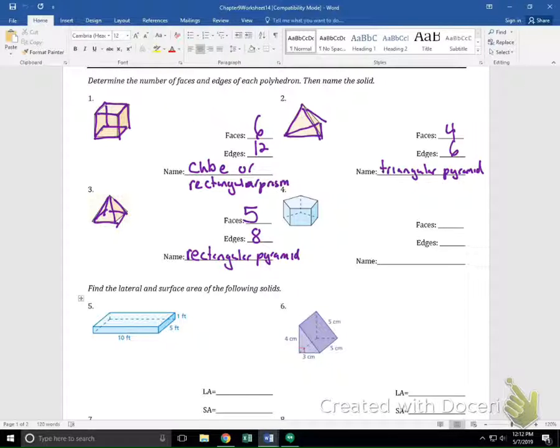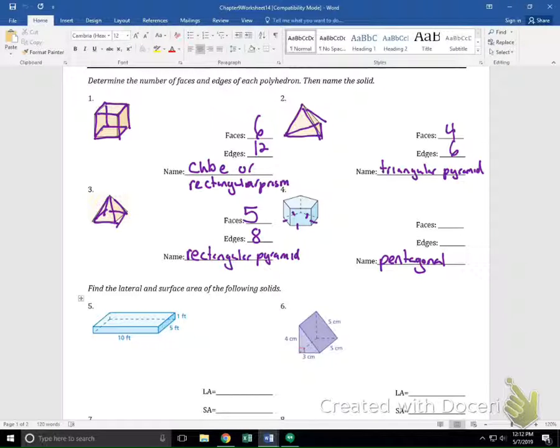Okay, now let's go to Alex. Alex, how many sides does that base have? Just the sides of just the base. That's 5. What do we call a 5-sided object? What type of shape is this? A pentagonal?